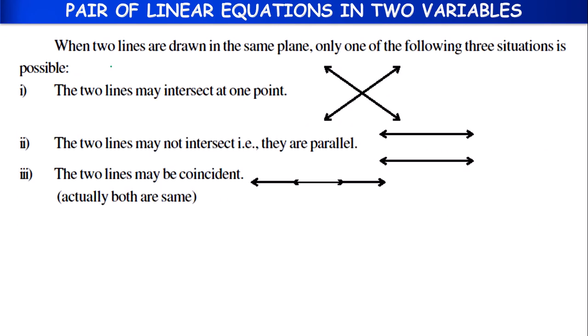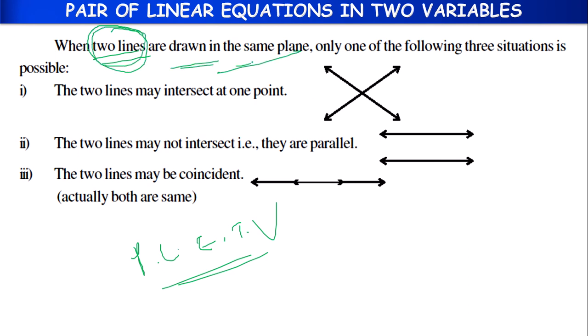If we have a pair of linear equations in two variables, we have two equations. Each one represents one line. So two equations represent two lines. They are drawn in the same plane.